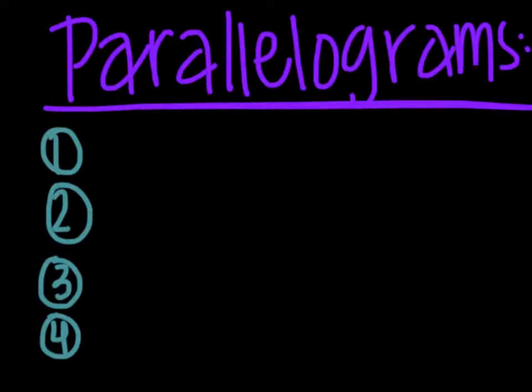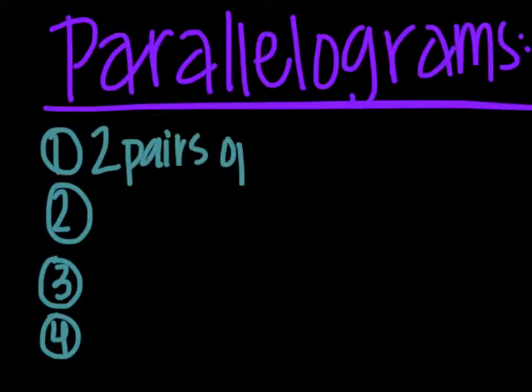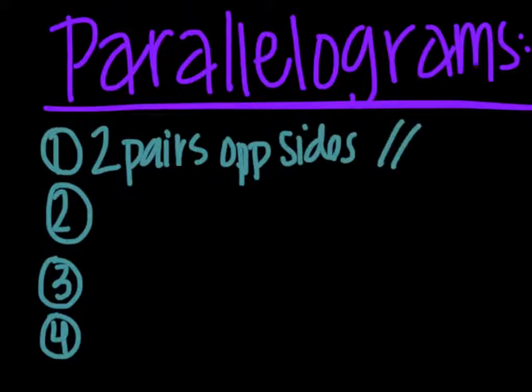So the next thing that we need to talk about are the properties of parallelograms, and there are 5. The first one is that there are 2 pairs of opposite sides that are parallel.